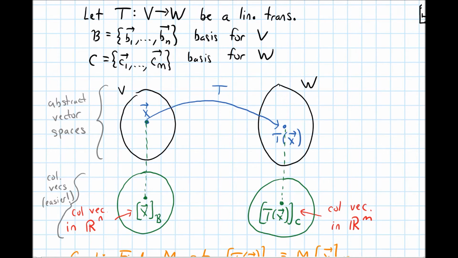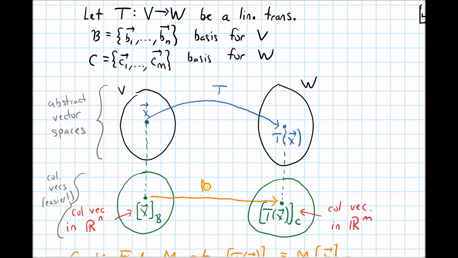So what we want to do now is ultimately start with this coordinate vector, x in terms of the basis B, and go directly to the coordinate vector of T(x) in terms of the basis C. Since both of these are column vectors, [x]_B is a column vector and [T(x)]_C is a column vector, the thing that's going to get us from one of them to the other is a matrix.